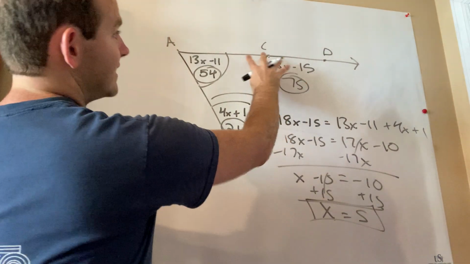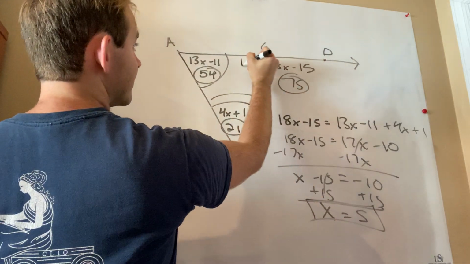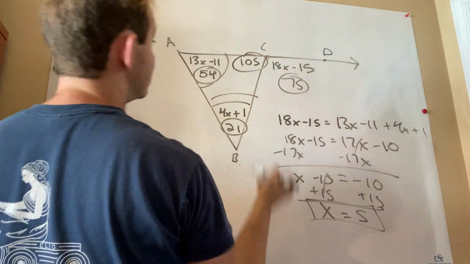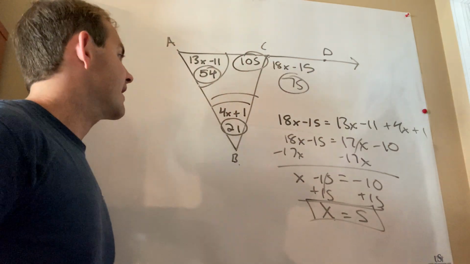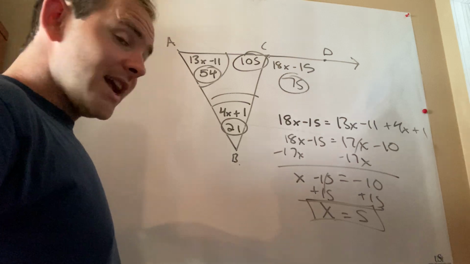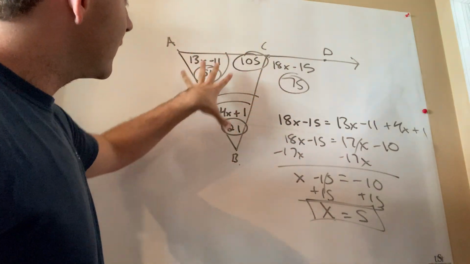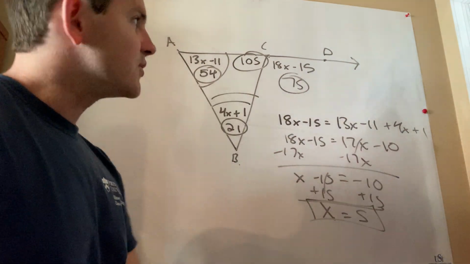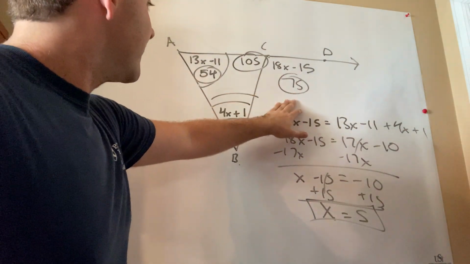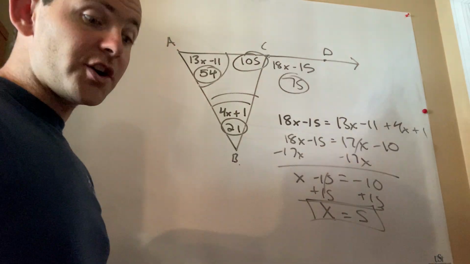And these two are a linear pair, so 180 minus 75 would give me 105 degrees for this angle right here, okay? Angle ACB. And of course, if I wanted to, I could actually check this. Do these three angles inside add to 180? 75 plus 105, yes they do. Is this angle outside equal to the sum of these two far away? Yes it is, so we're good.